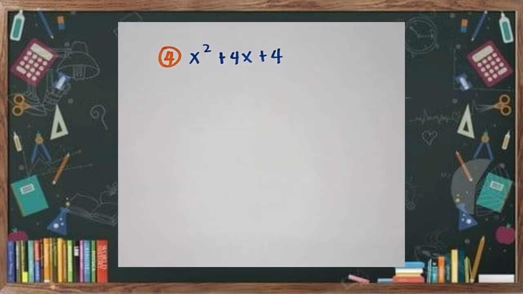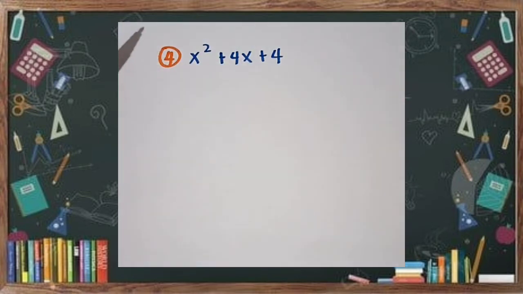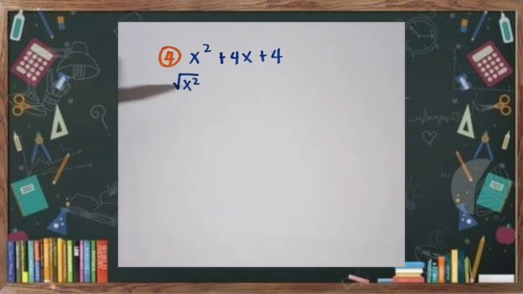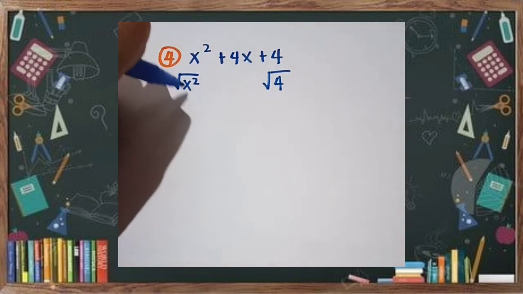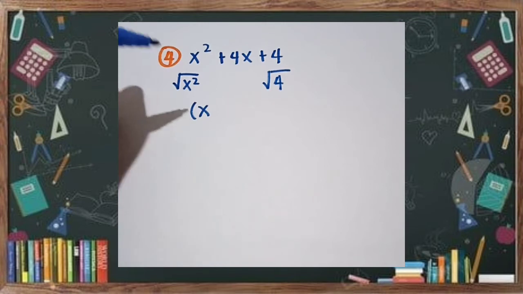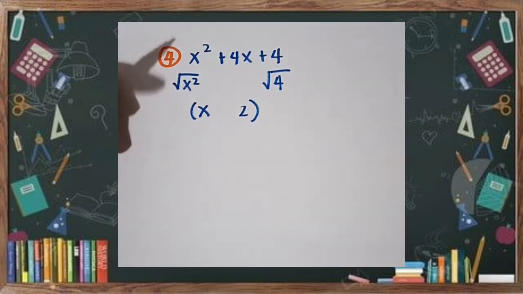Okay, have another example. So, x squared plus 4x plus 4. Okay, so we need to first get the square root of the first term and the third term. So, square root of x squared ay equal to x, and ang square root of 4 ay equals to 2.